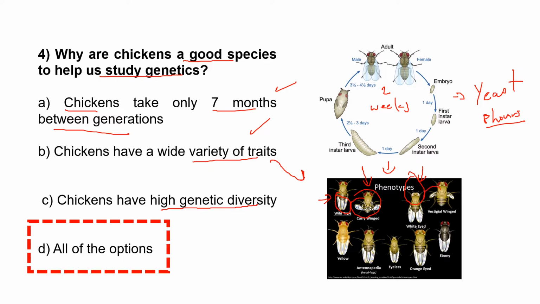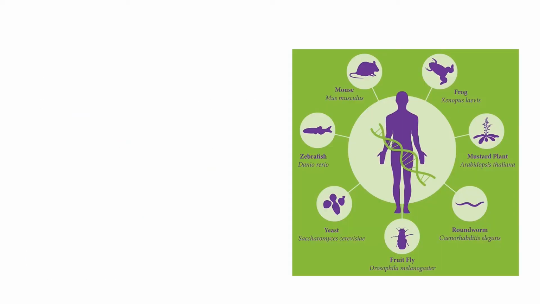And we can have other colorations in the wings and the body. Here you can produce orange eyes, and there is a huge amount of variations and mutations that are very important to study genetics. So this is why both fruit flies and chickens are good systems to study genetics.